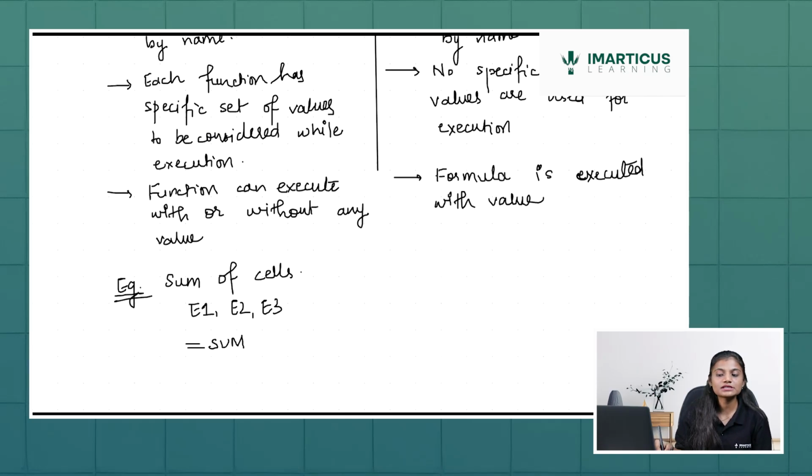SUM is a name where the logic of summing up the data is stored, and there will always be a round bracket associated with it. And here I'll write E1, E2 and E3, so that these cells will be selected and the summation would be based on the same.